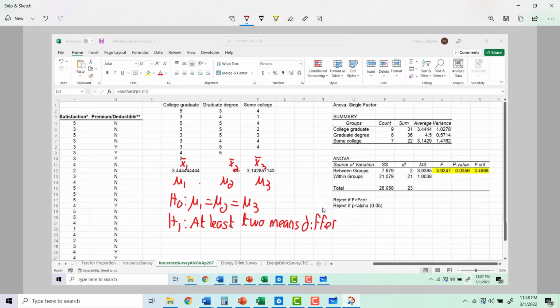That's always the same. So we reject the null hypothesis even if mu1 and mu2 are equal but mu3 is different. Just one mean has to be different from one of the others. So at least one has to differ a little bit.